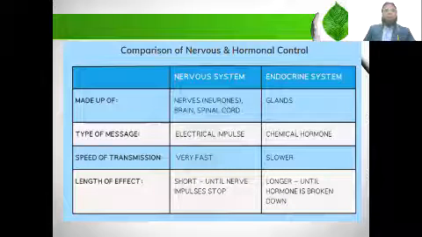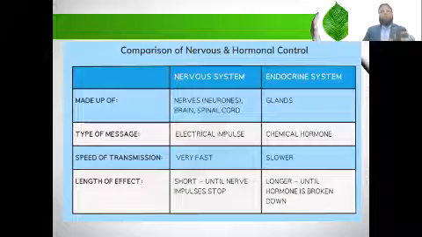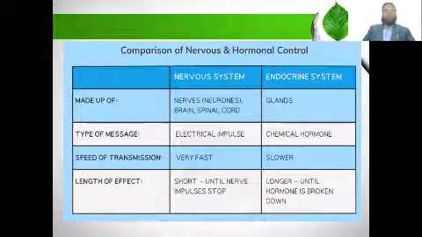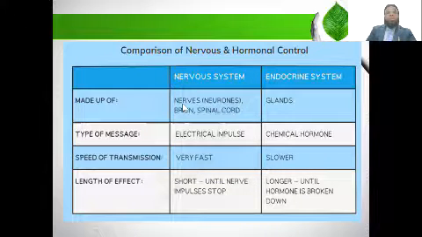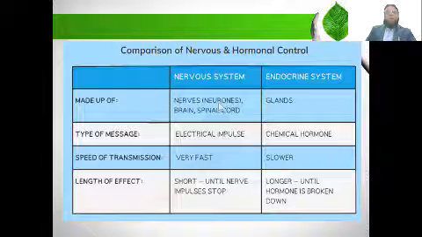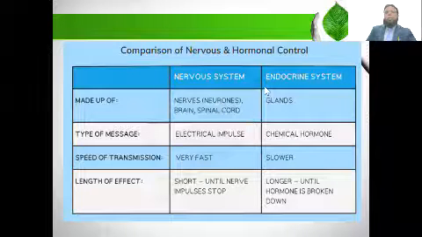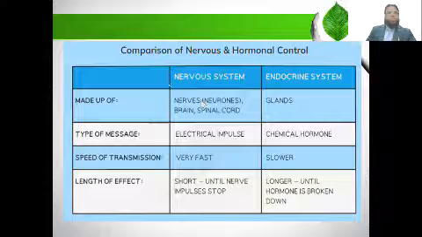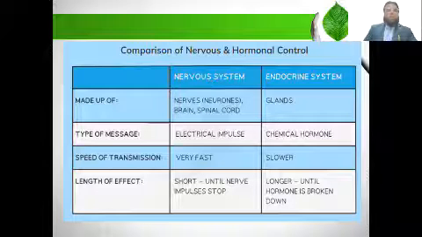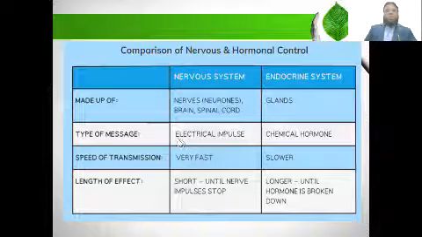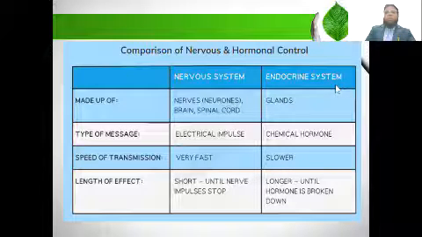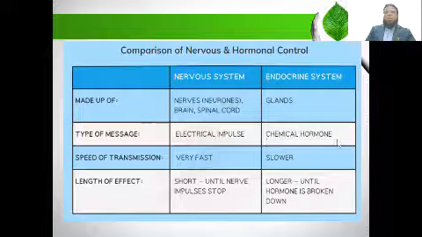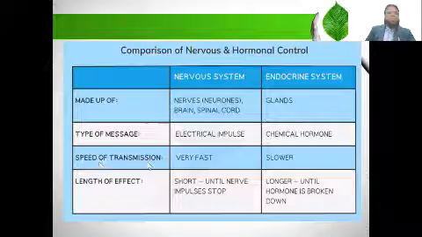Now see here the comparison of nervous and hormonal coordination or control. Both are systems of coordination. The nervous system is made up of nerves, the brain and the spinal cord, but the endocrine system is made up of glands. In the nervous system the type of message is an electrical impulse, but in the endocrine system the type of message is chemical hormones. And what about the speed of transmission?